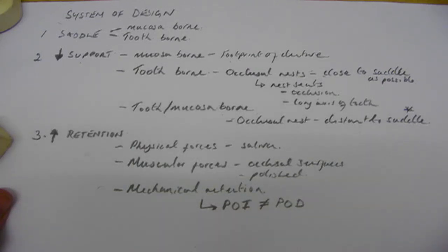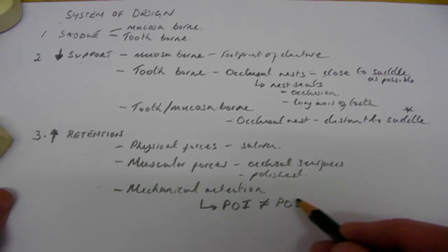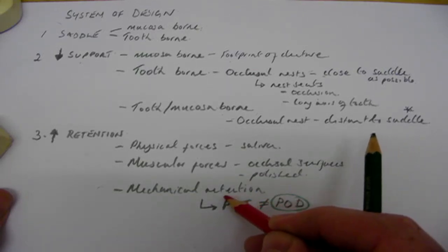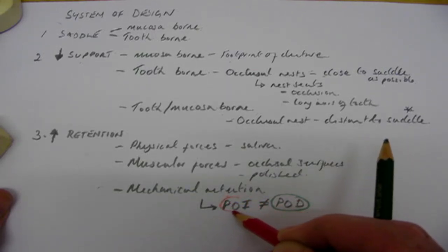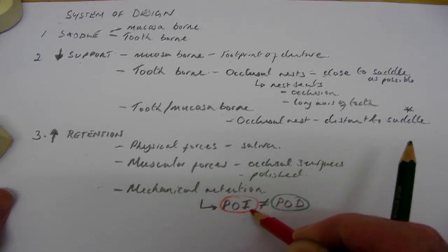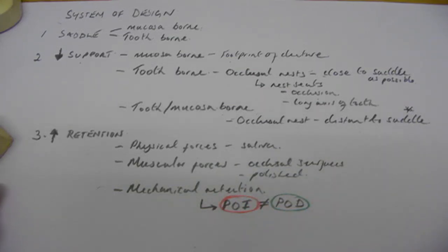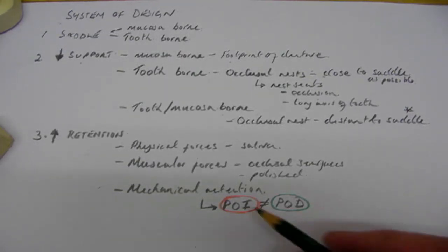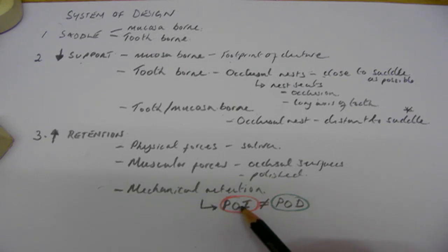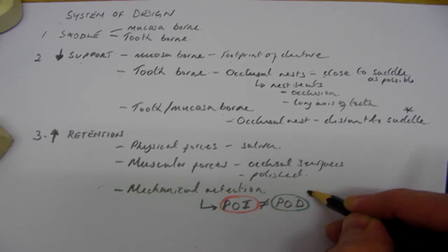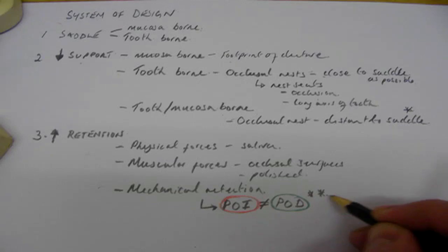In Basker and Davenport's textbook they always have the path of displacement in green and the path of insertion, or withdrawal, same thing, in red, and we'll use those when we do some diagrams in a little while. So for mechanical retention we can try and create a path of insertion that differs to the path of displacement, and we'll talk about that separately later on. That'll be the second part that we come back to.